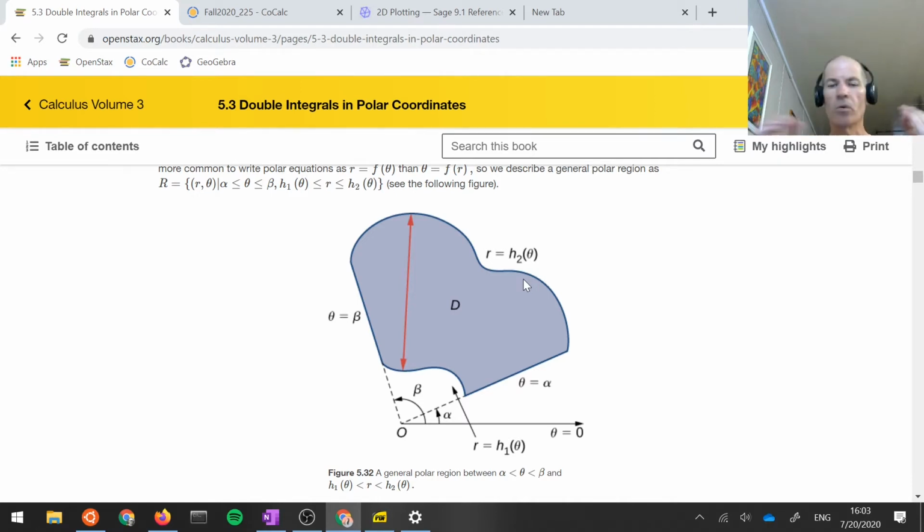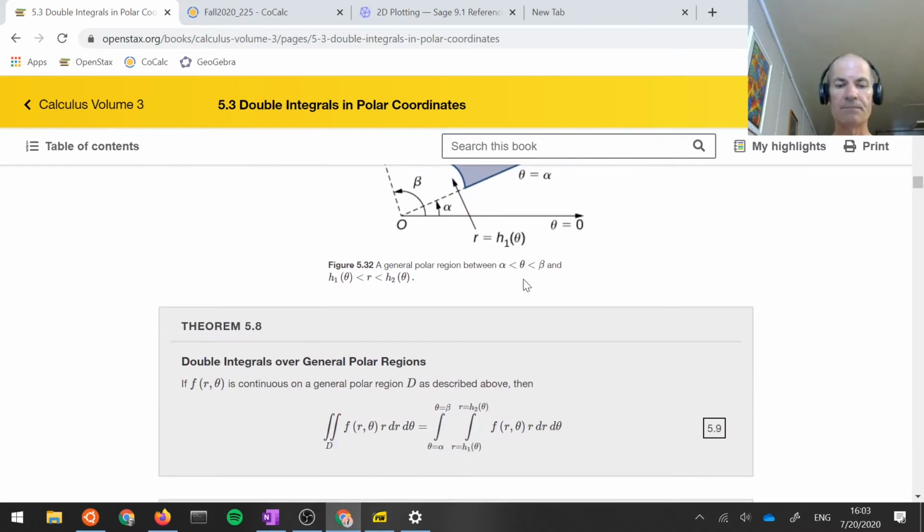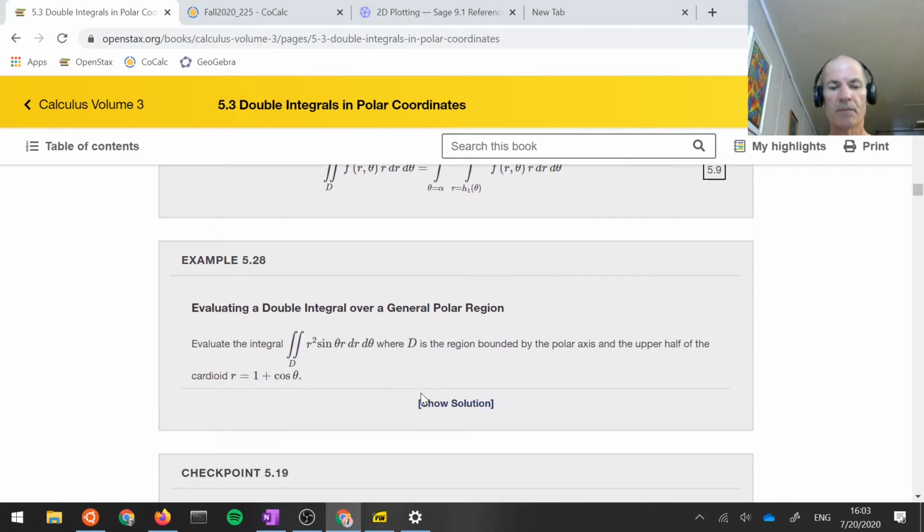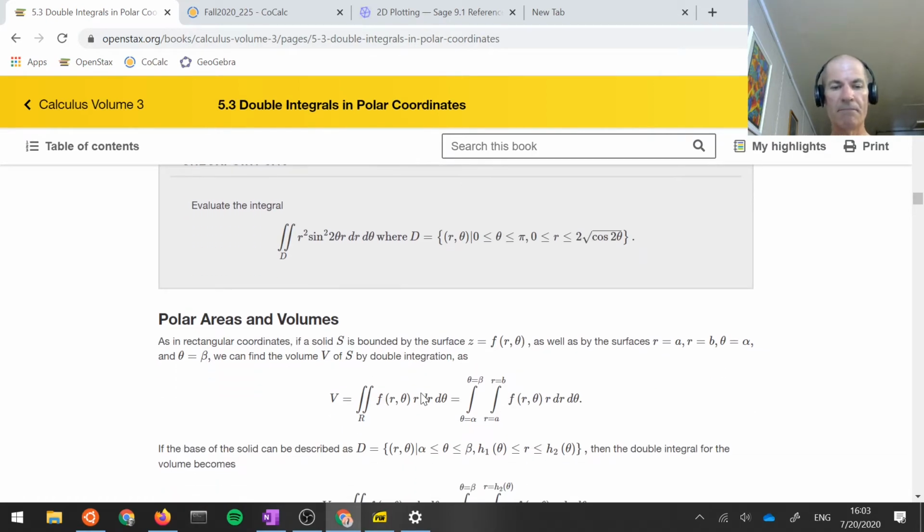As I said, we're going to always be doing dr d theta instead of d theta dr. So for double integrals over general polar regions, the lower limit of r is a function of theta and the upper limit is a function of theta, and then theta is just between two constants. We'll see several examples of that in a minute.